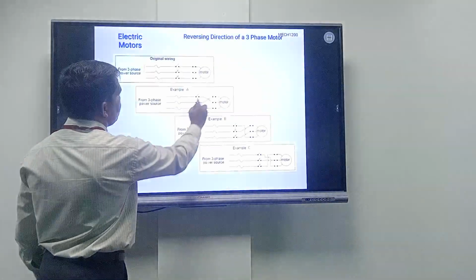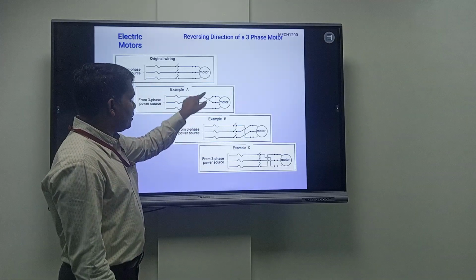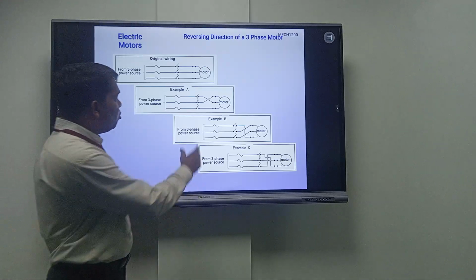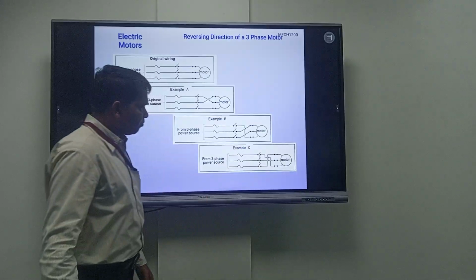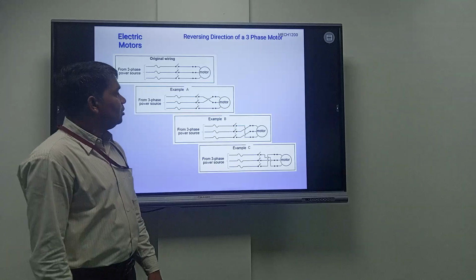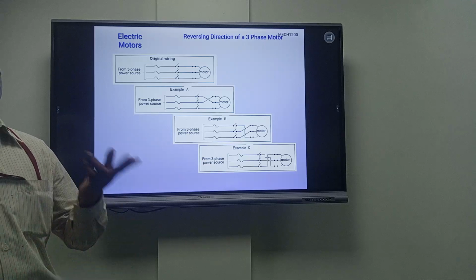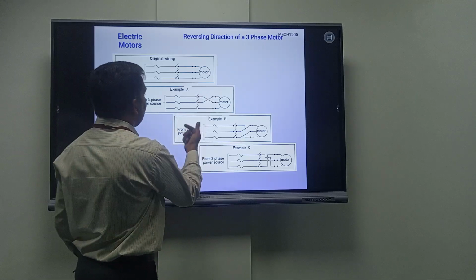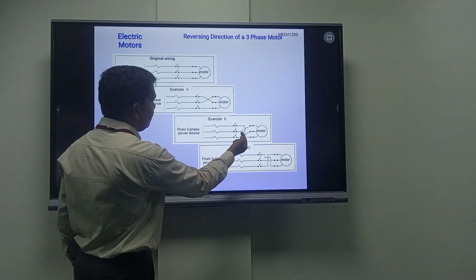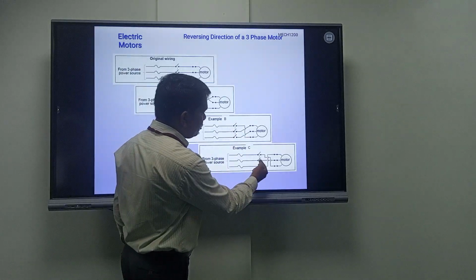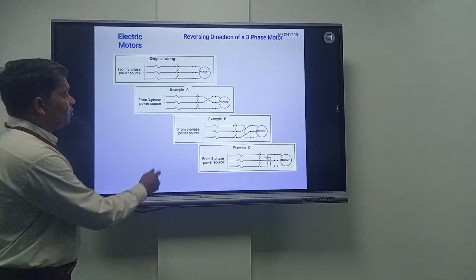You can do this by interchanging the stator winding terminals. You can interchange any two terminals, this two, or this two, or here this two, right? So three different examples are shown. The rotation direction of the induction motor can be reversed by interchanging any two supply terminals. Suppose it's A, B, C: interchange A and B, or B and C, or A and C. So three examples of reversing the 3-phase induction motor.